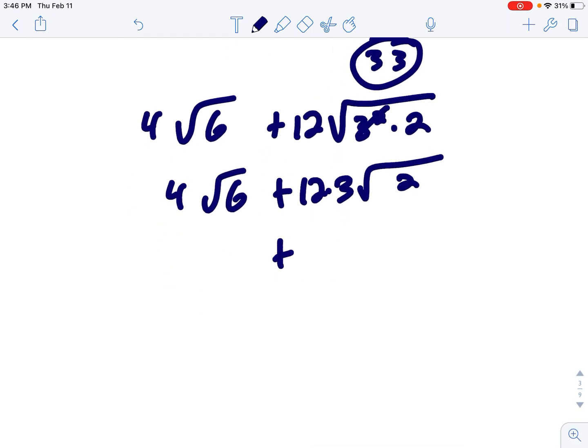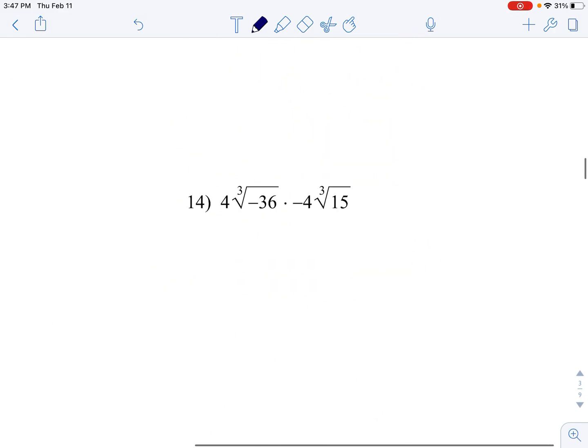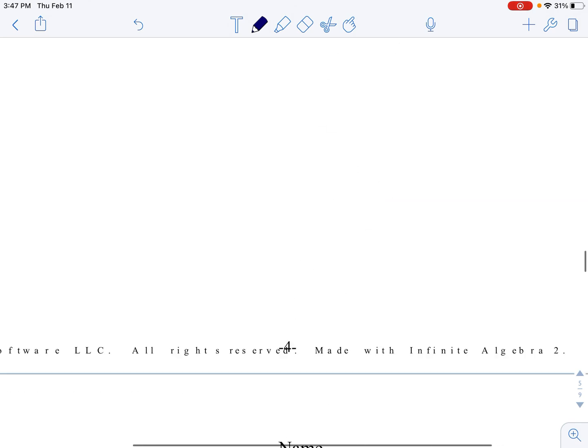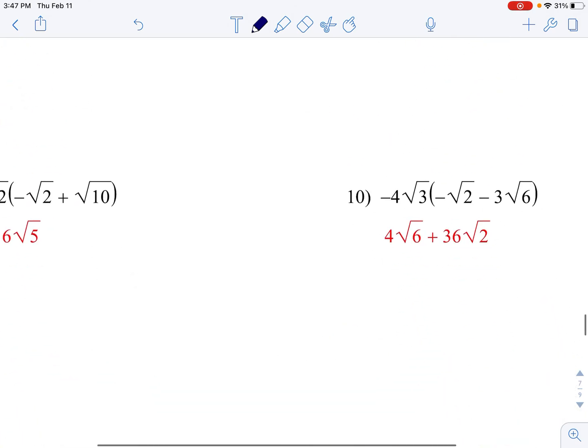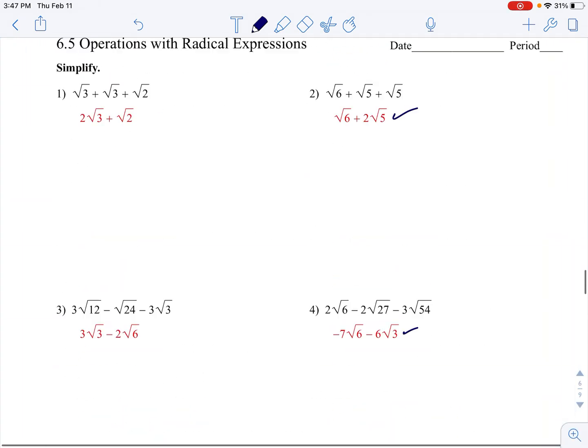And then finally, 12 times 3 is 36, radical 2, 4 radical 6. That had better be the right answer, otherwise I might have to retire early. There it is. 4 radical 6, 36 radical 2.